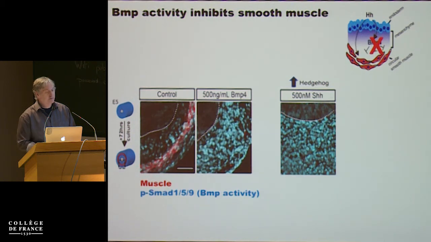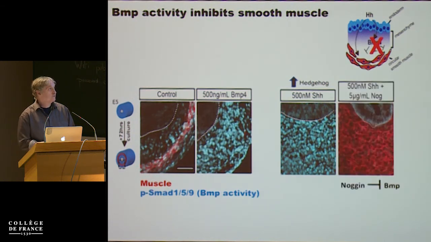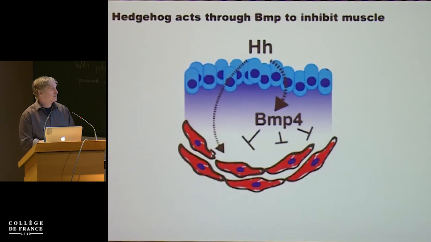You can block BMP with an inhibitor, noggin. And if you do that, the same high level of hedgehog gives you not an absence of muscle, but everything turns to muscle. So we think this is the right model for what's happening in terms of getting this gap. BMP4 is the reason that you don't have muscle right up against the endoderm. But you also don't have muscle forming out here, where the later layers of muscle are going to form.